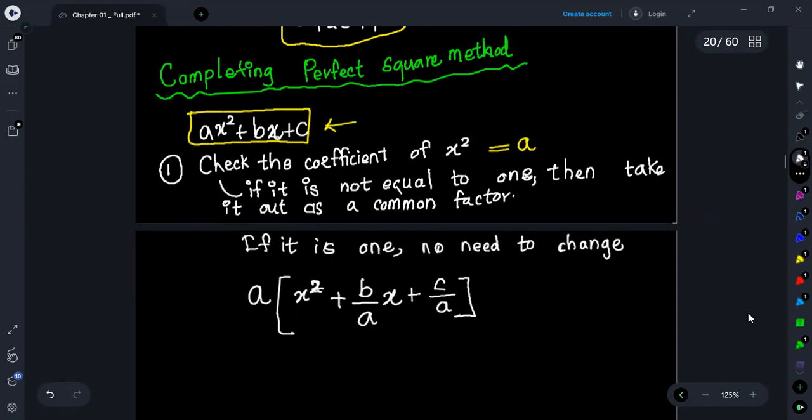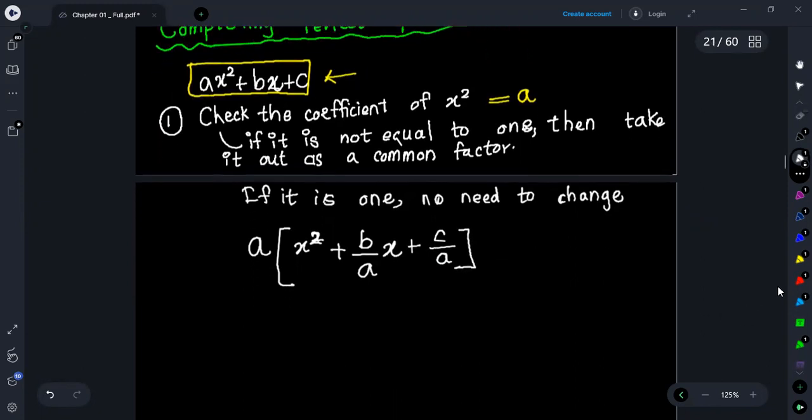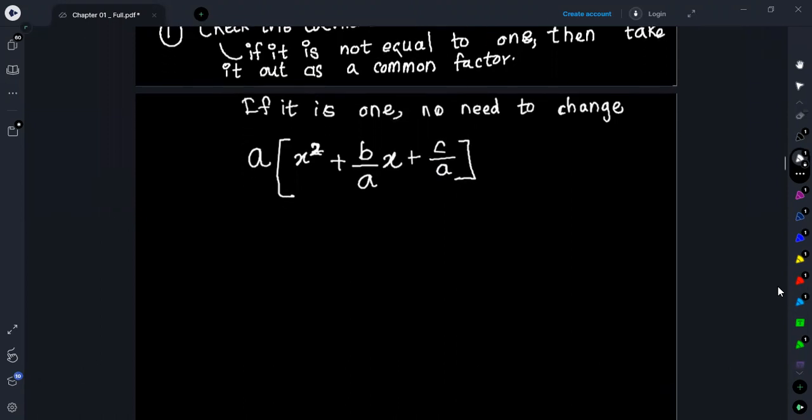So this is the first step if the coefficient of x squared is a.